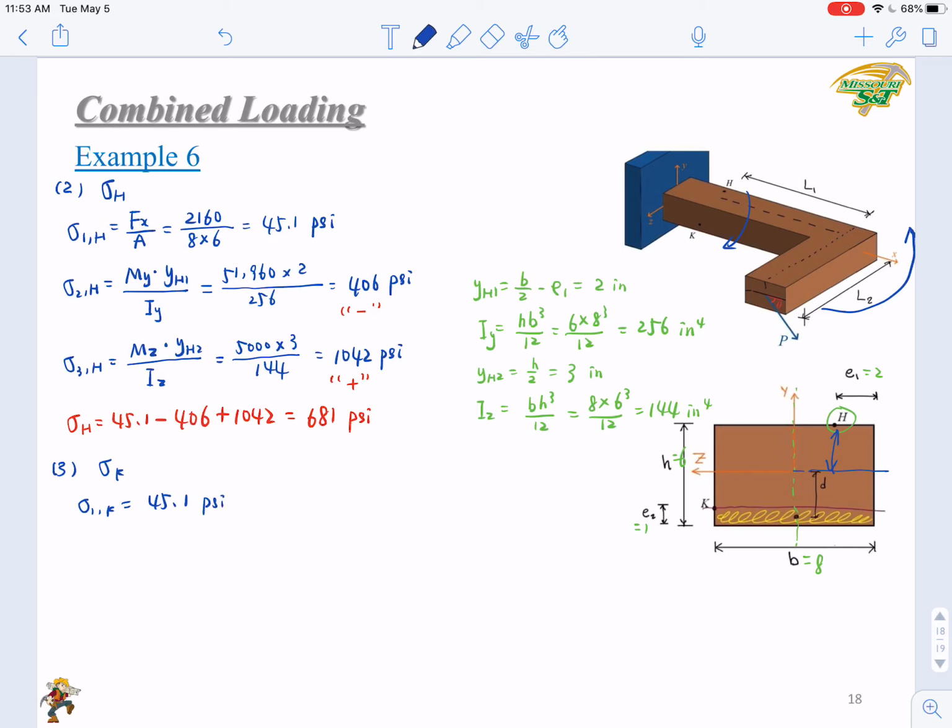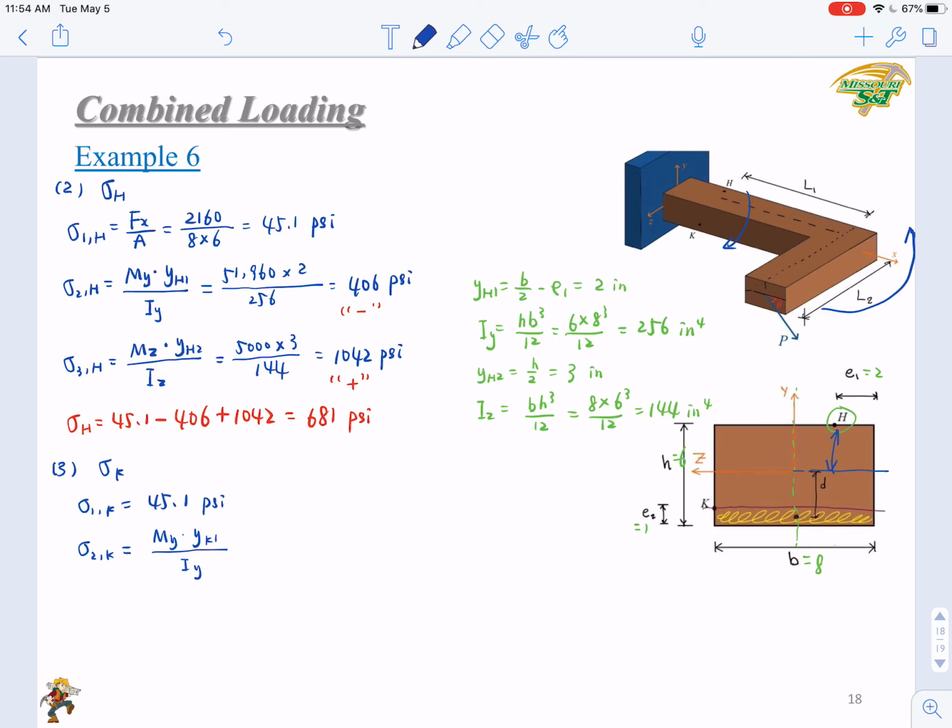And the second component at point K, due to My, will be My times YK1 over Iy. Iy we have known, so just determine the YK1.